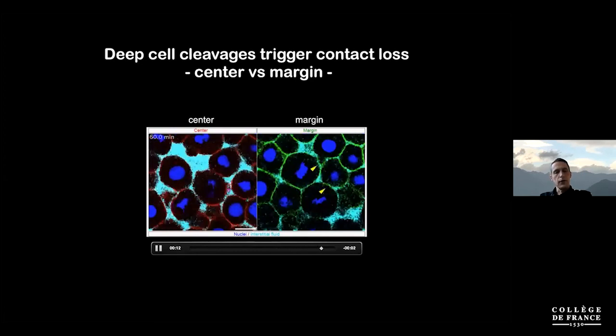So what we speculated is that perhaps the fact that cells are going into mitotic rounding and then undergo cleavages leads to a transient loss of contacts, which is rebuilt quite efficiently in the margin, but which cannot be reestablished in the center of the blastoderm. So essentially, the fact that cells are undergoing their last round of synchronous cleavages leads to contact loss in the center, but not in the margin.